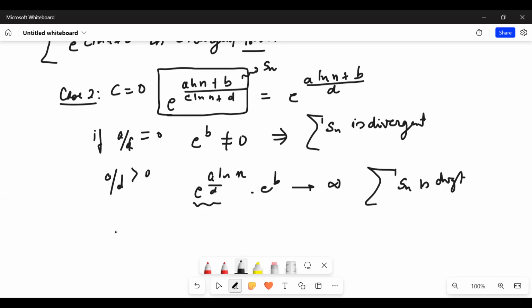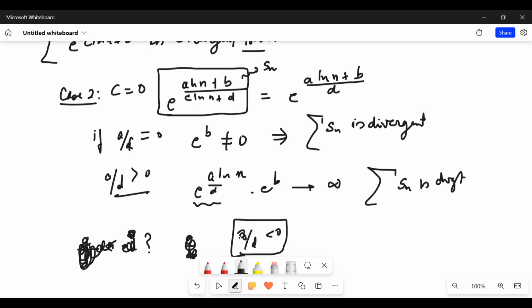Now, what if A by D is negative? Because there lies a little bit of possibility.